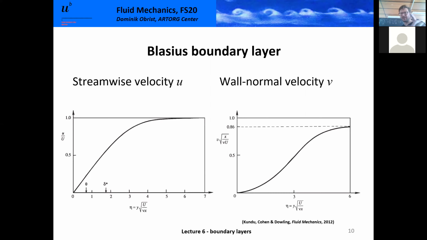So essentially this is U times f prime, plotted with respect to this coordinate eta, and here plotted as u divided by capital U. So it goes from 0 to 1. It's not like we plotted it before, it's flipped by 90 degrees, if you like. The wall is here on the left. There's 0 velocity, it's increasing and reaching the outer velocity 1 here.